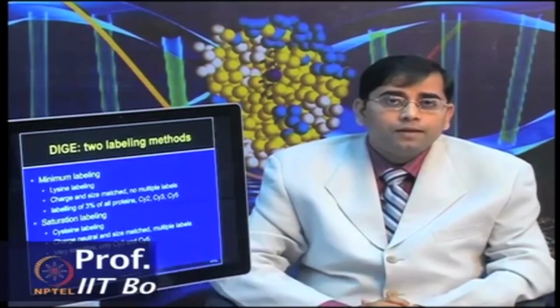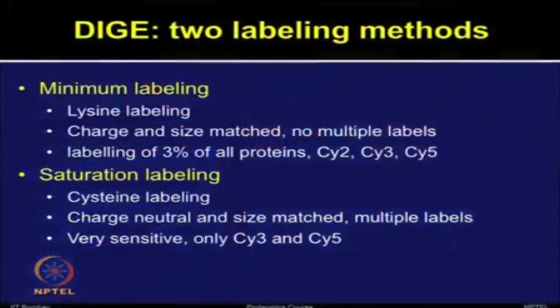Now, let us talk about the different types of labeling methods. In DIGE, there are two different types of labeling methods which are possible. One is the most commonly used, lysine labeling, and the other is cysteine labeling.